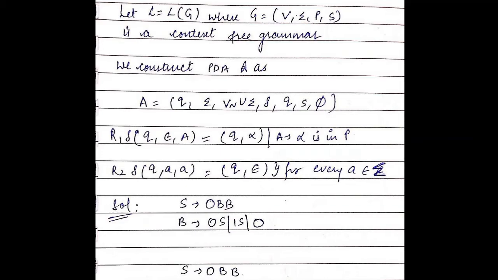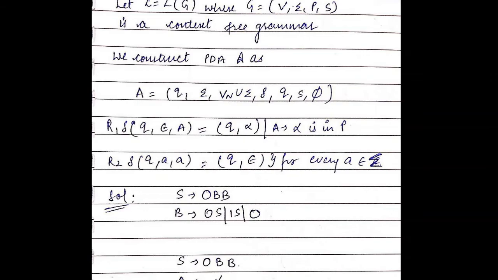Rule number one states that delta(q, null, A), where there is no input symbol and A is a non-terminal, gives (q, alpha) for every production A tends to alpha given in the grammar. So this is the first rule.